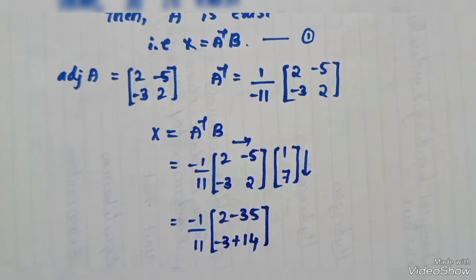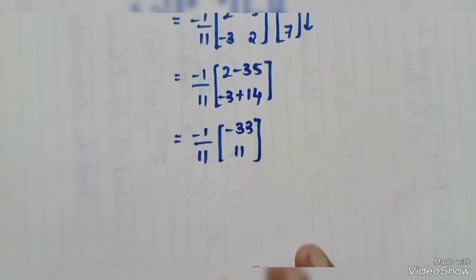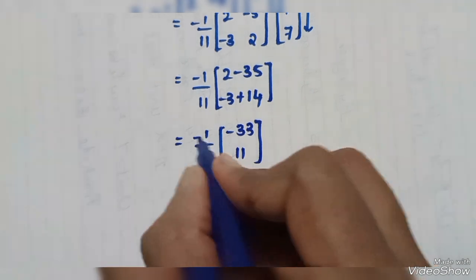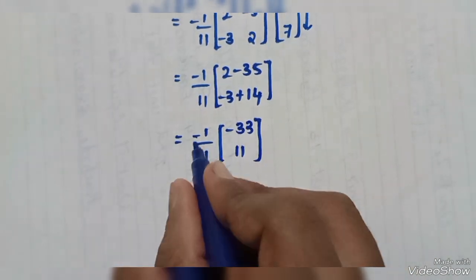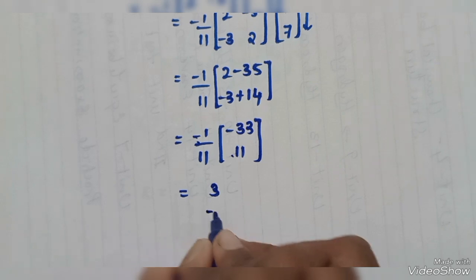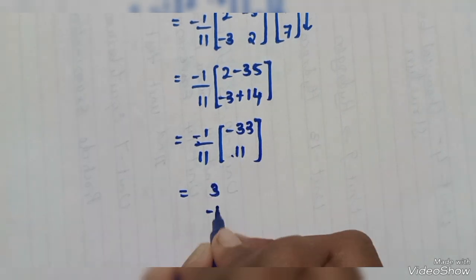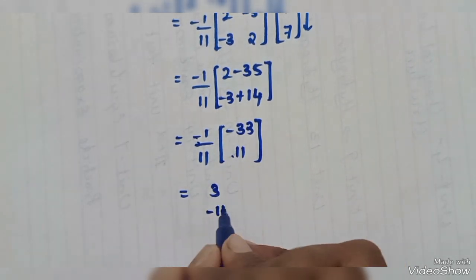Here, minus 1 by 11, 35 minus 2, that is minus 33, and 14 minus 3, that is 11. Multiplying by minus 1 by 11 on this matrix, we get minus into minus plus 33 by 11, that is 3, and minus into plus, minus 11 by 11, that is 1.